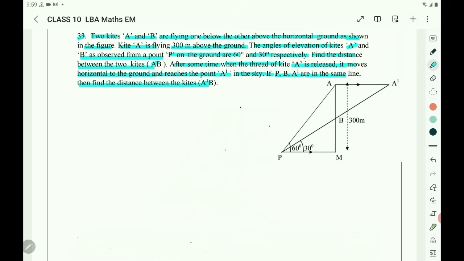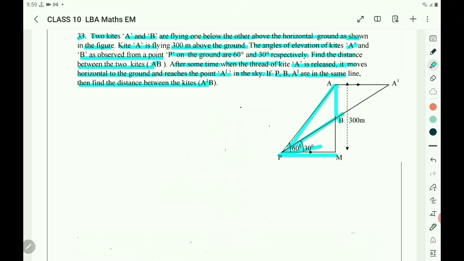Two kites are there, A and B. Angle of elevation of the kites A and B are given. Angle of elevation of the kite A is how much? That is 60 degree. Angle of elevation of the kite B is 30 degree. Here what we have to find out?